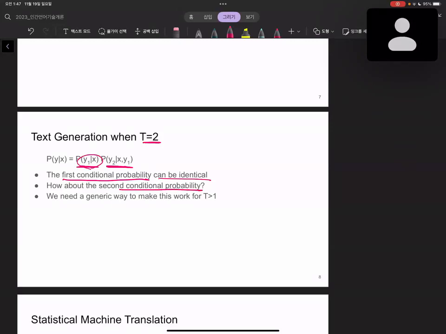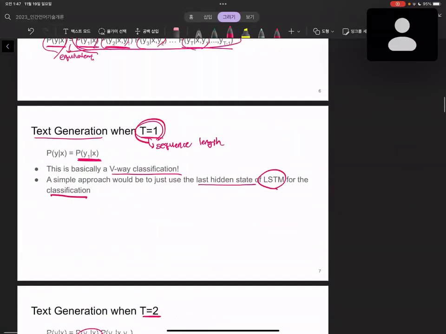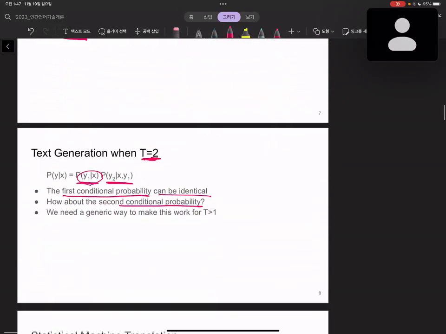When the time step is 1, we can easily solve the text generation task as classification, but when t is larger than 1, we cannot formulate this problem as a classification task. So we need a generic way to make this work for t larger than 1.